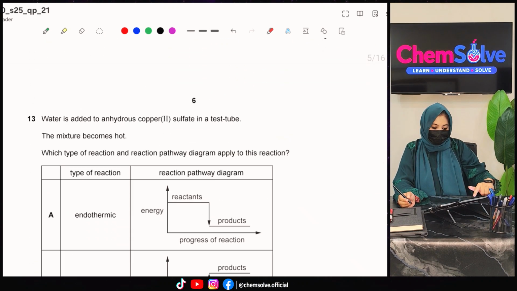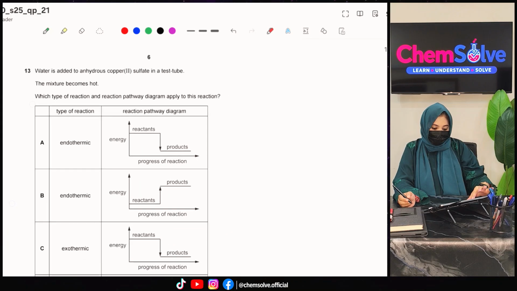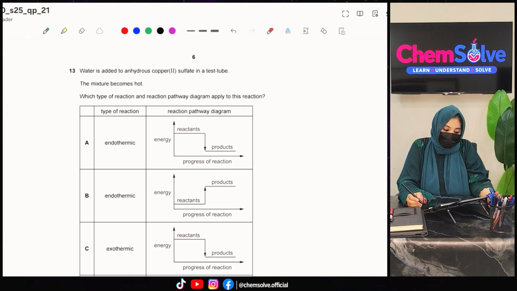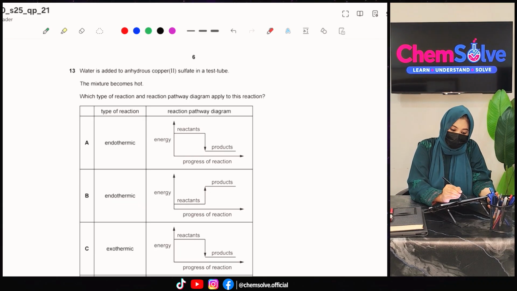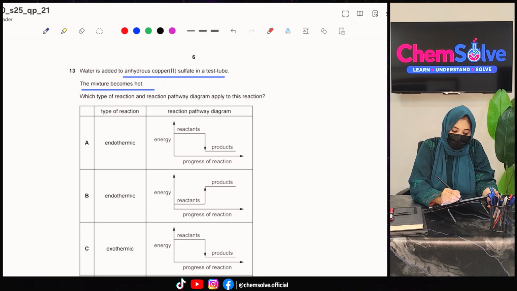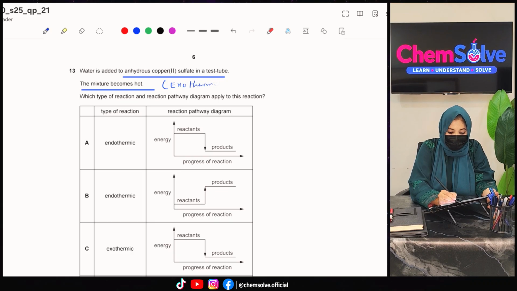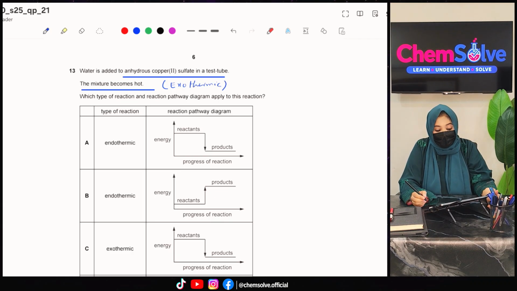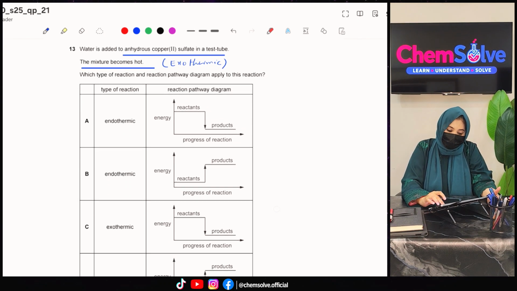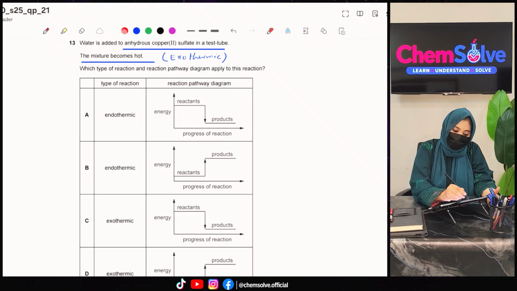Now move towards question number 13. Water is added to the anhydrous copper sulfate and the mixture becomes hot. If the mixture becomes hot, it automatically means this reaction is exothermic, because the mixture becomes hot as heat is being released. Okay, if this reaction is exothermic, then it becomes easier for us.